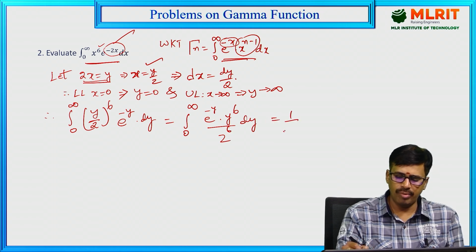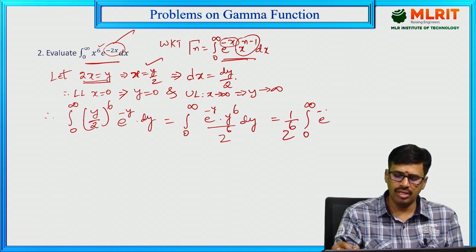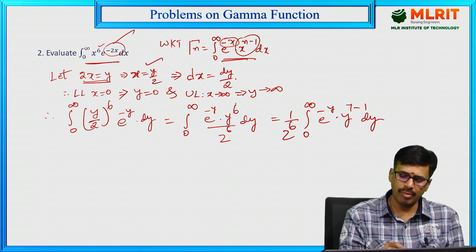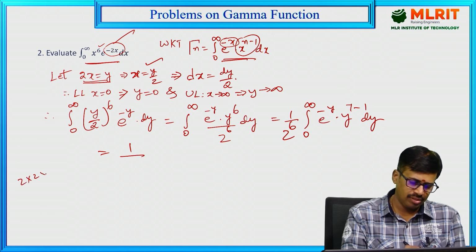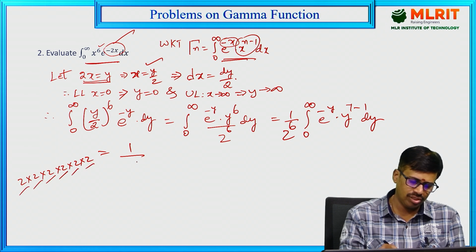So this 1 by 2^6, write it outside, the integral from 0 to infinity of e^(-y) into y power, this 6 can be written as 7 minus 1. So 2^6 means 2, 4, 8, 16, 32, 64.